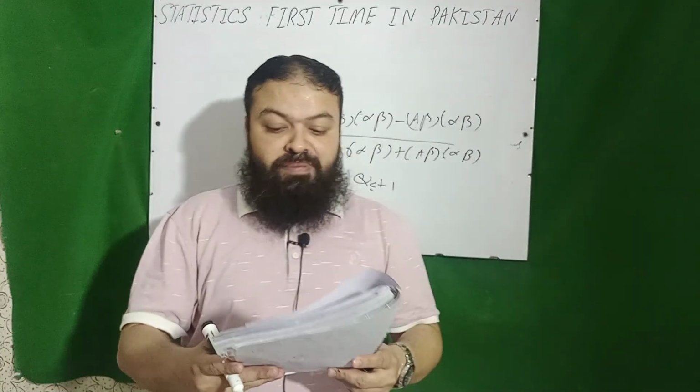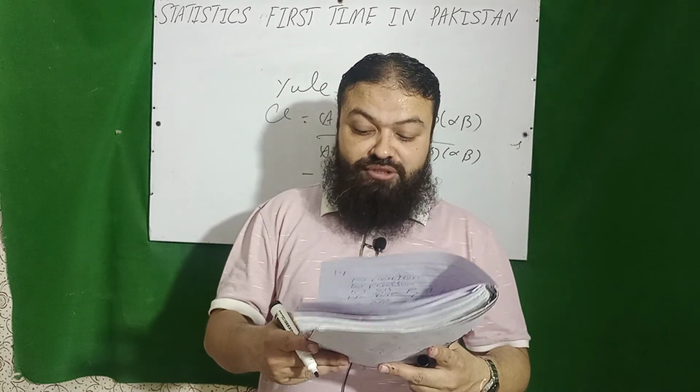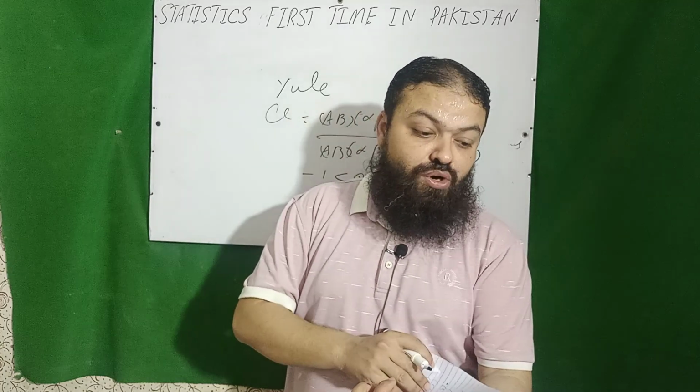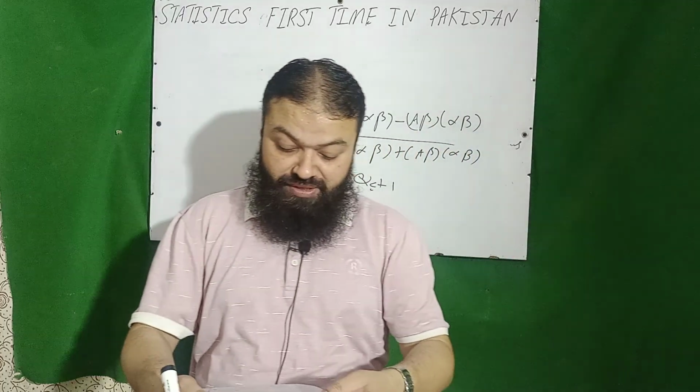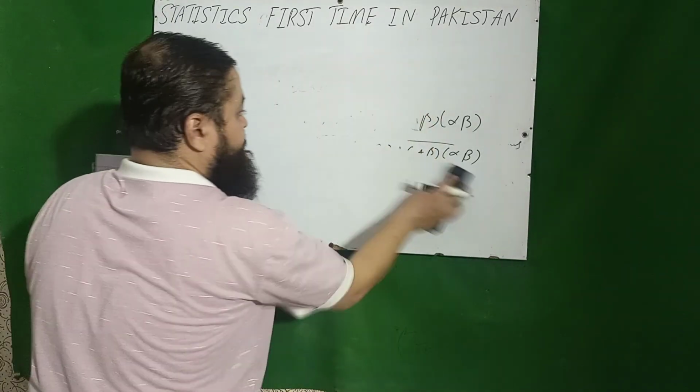Next question is, Pearson's coefficient of mean square contingency to know the strength of association was given by Karl Pearson, a very important one.